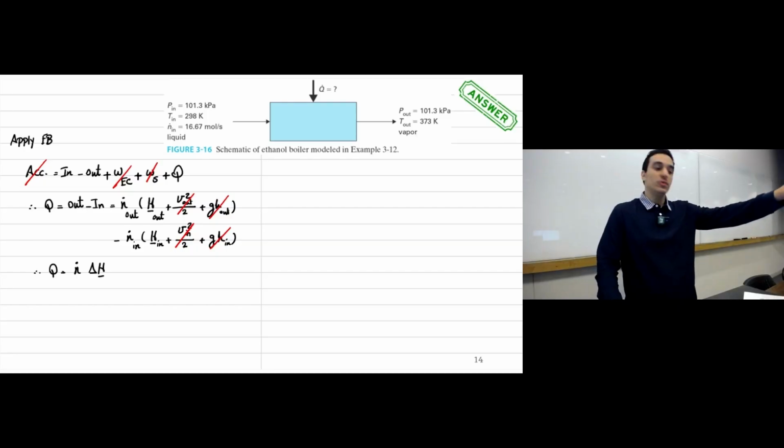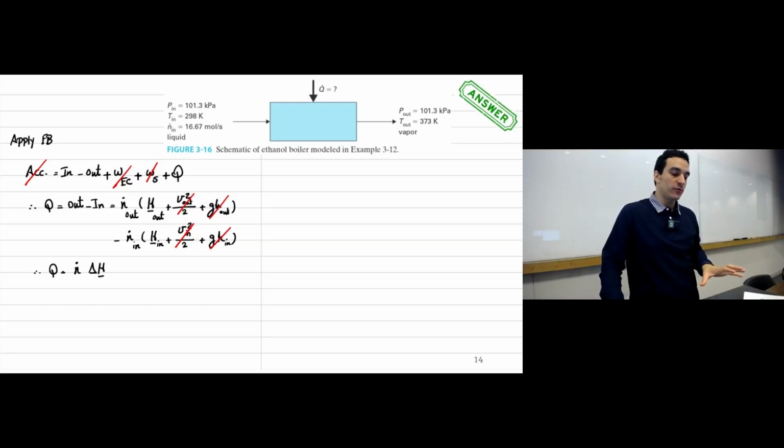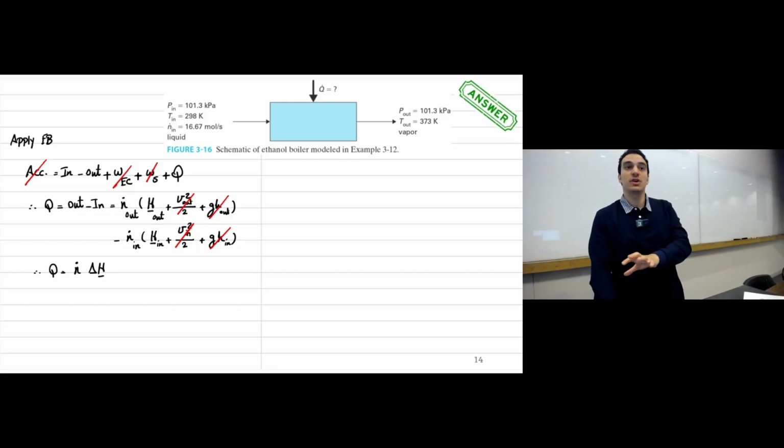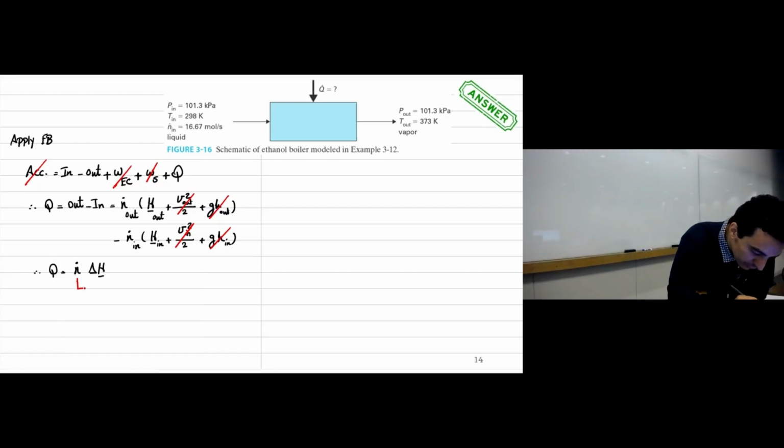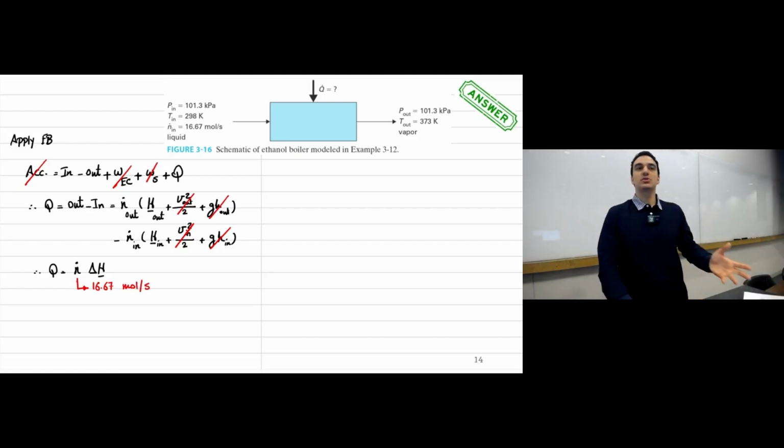So I need to find Q, which means I need to know the molar flow rate and the change in the molar enthalpy. The molar flow rate is given, so this one is easy: 16.67 mole per second. So what I need is to find delta H. Clear?